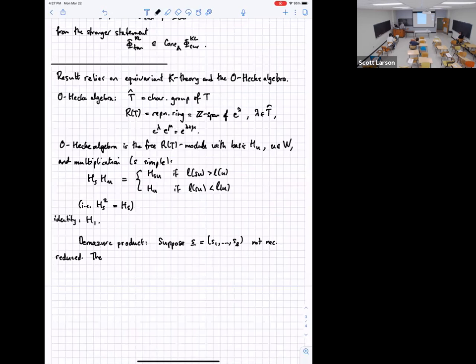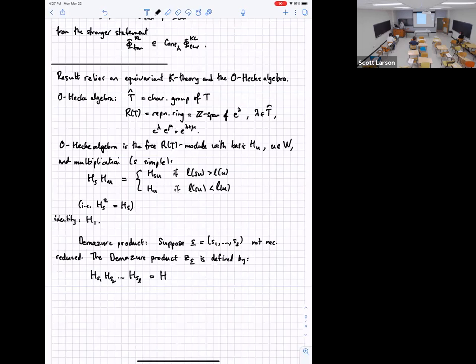Then the Demazure product, which I'll call Z of S, is defined by the following: suppose I multiply these elements together in the Hecke algebra, it's going to be H of something.